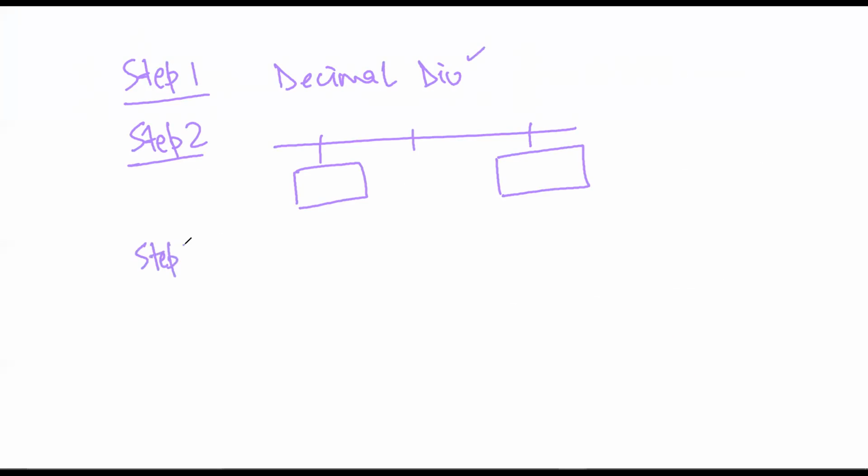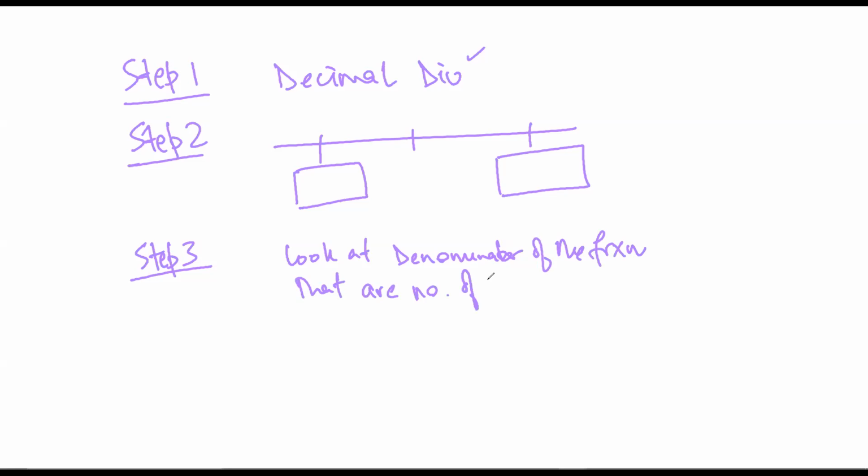Step 3, look at the denominator of the fraction. That is the number of parts that we need to divide between the two integers.